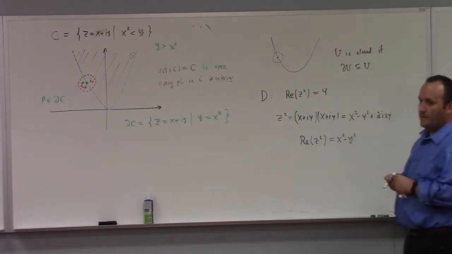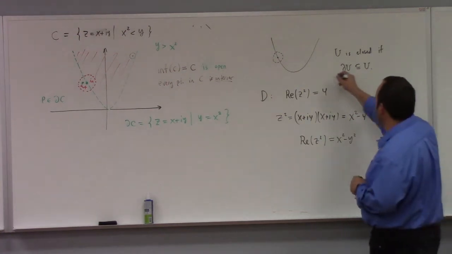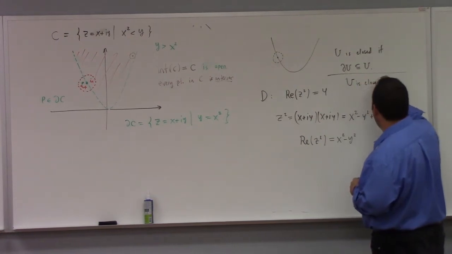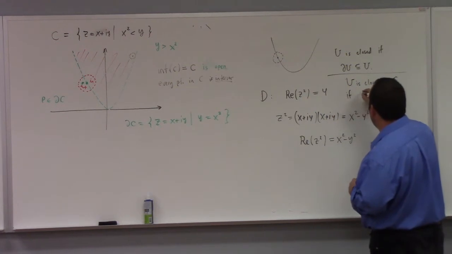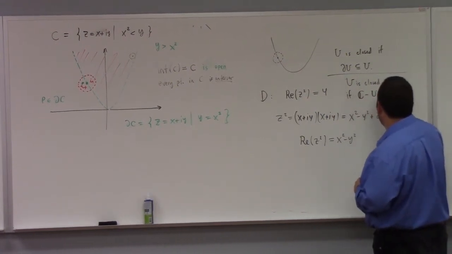An alternative definition of closed, which is also useful to know about: U is closed in C if C with U removed is open.